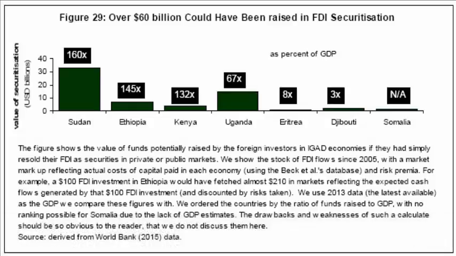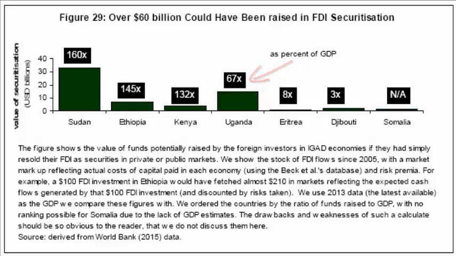In this way, investors could have diversified their risk and potentially offered advisory services to specific companies in order to help them grow better. If such foreign direct investment was instead securitized, we see that the amount of money that could have been raised in many cases well exceeds the GDP of the IGAD economies in question.